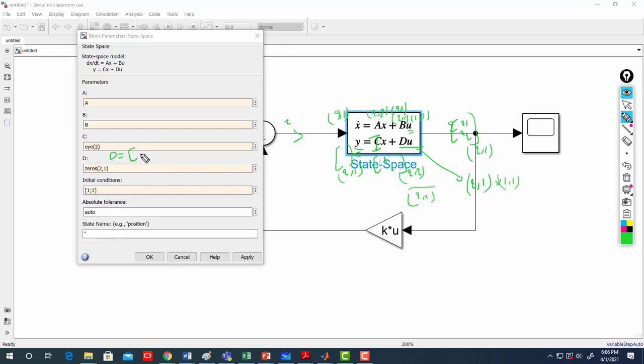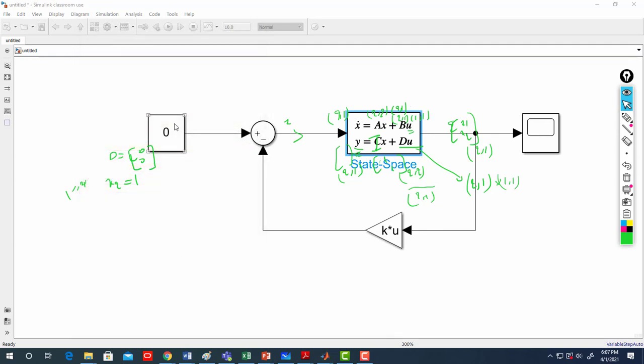It's 2 lines, 1 column. That's your D. So pay attention to the unit only, to the dimension almost. And the initial condition here, this is x1 initially equal 1 and x2 initially equal 1. I'm having some initial condition because you don't have input in the sense.